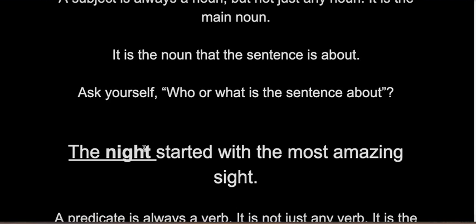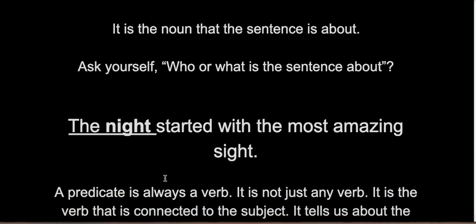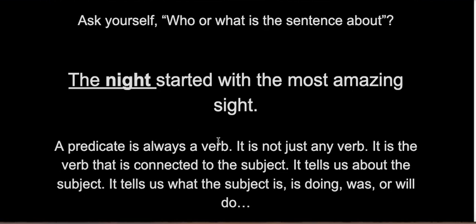What about it? Well, that brings us to the predicate. It's always a verb. A verb isn't necessarily an action itself. It could also be a state of being. But one other way to think about the predicate or to identify it is to ask, what is the subject doing? What about it? What did it do? What will it do?